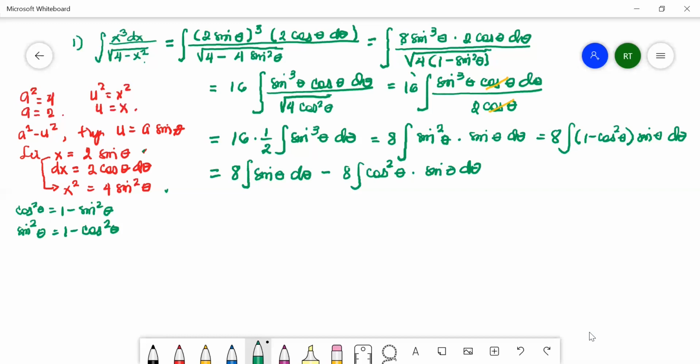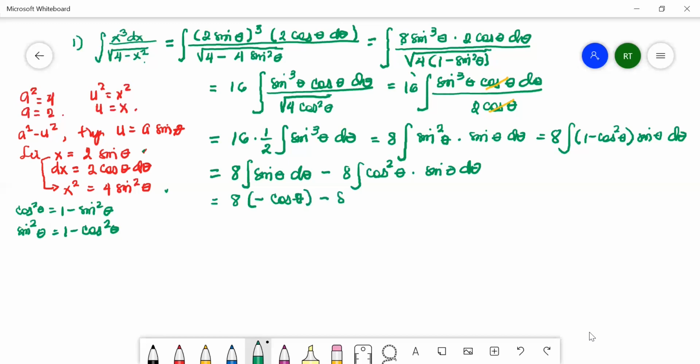Take note that the integrand is exactly in the form sine of u du. Therefore, the integral is equal to 8 times negative cosine of u, so negative cosine of theta.